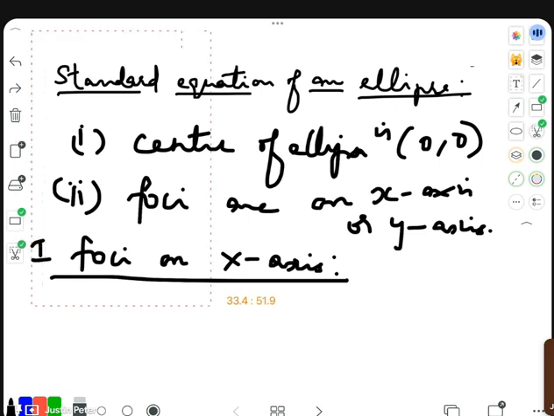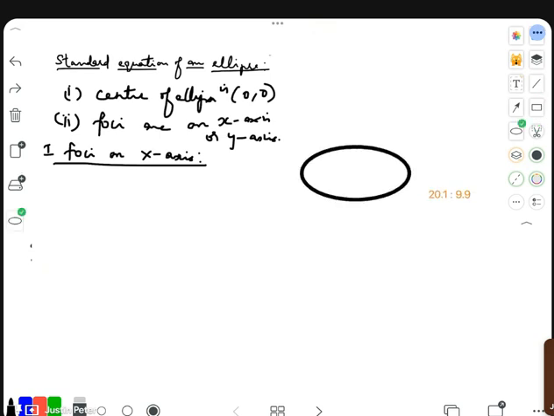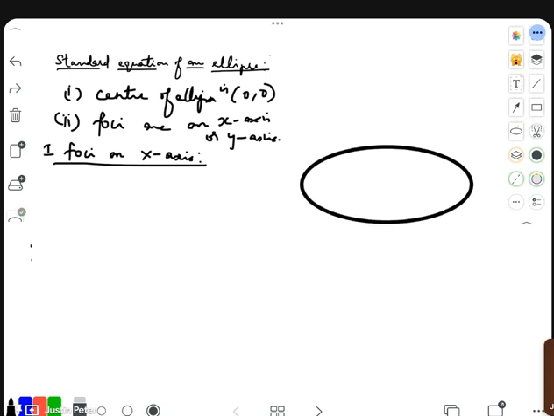If the foci are along the x-axis, what will be the length of the major axis? It's going to be 2A, isn't it?